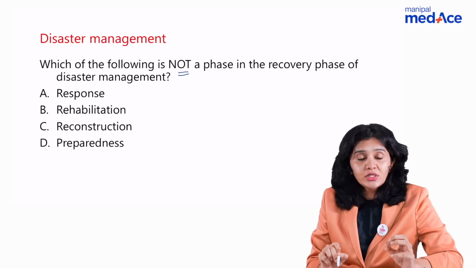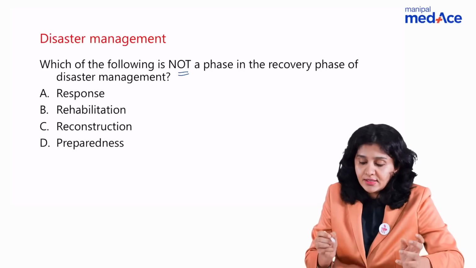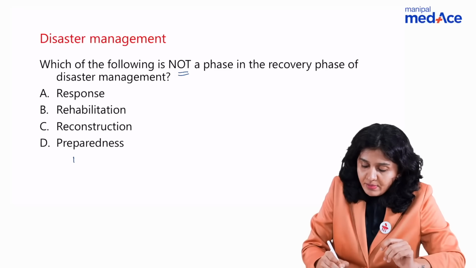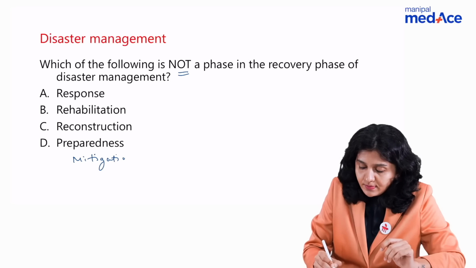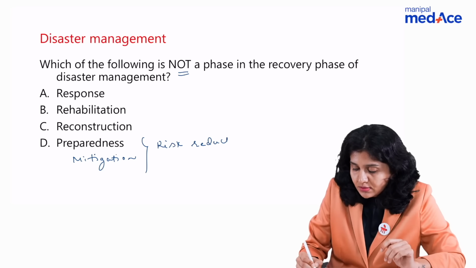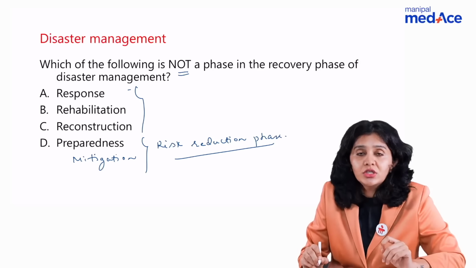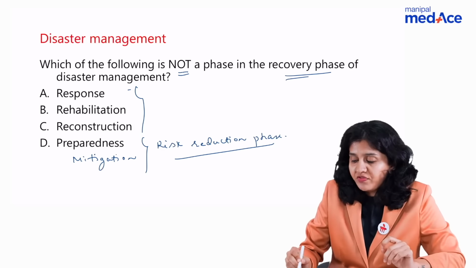Preparedness and mitigation is done in the risk reduction phase, that is before the occurrence of the disaster, right?